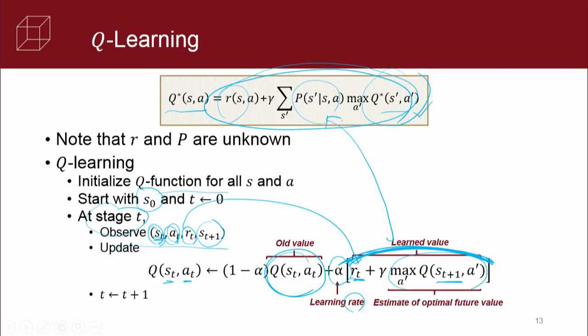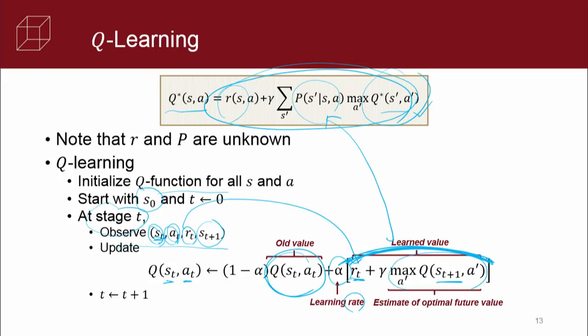So we know that we only update the state-action pair that is actually visited. We do not update every possible pair of state and action. We only update the state-action pair that is actually visited.